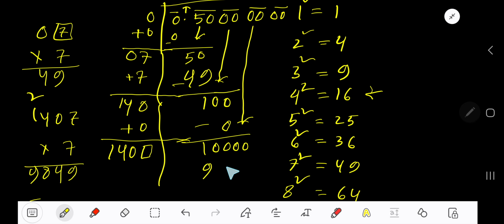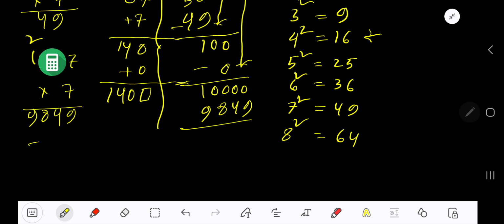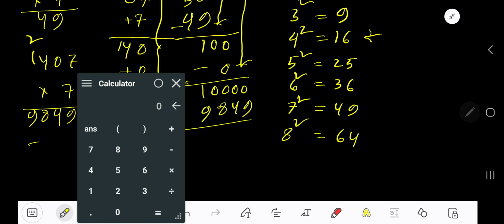That is this, 9, 8, 4, 9. Okay. Now subtract. This is 10,000 minus 9,849.